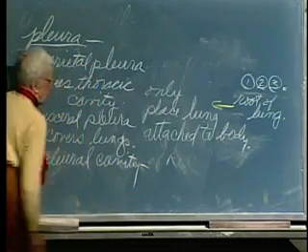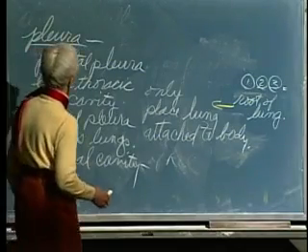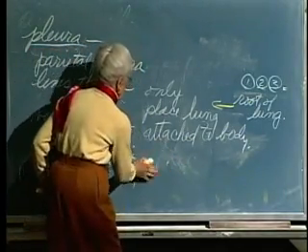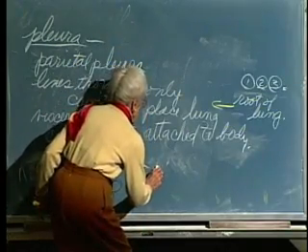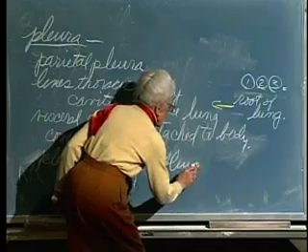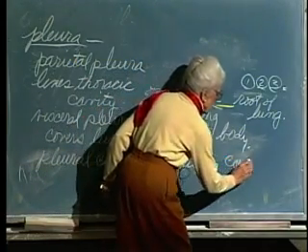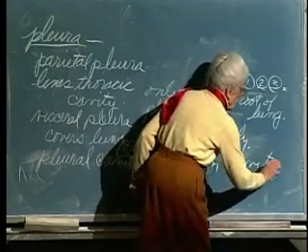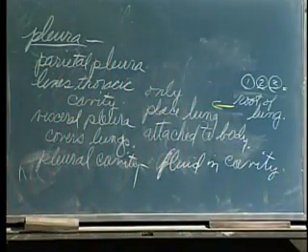And there will be fluid secreted by the pleura between these two layers of pleura. So there's fluid in cavity. Why do we need fluid there? Yes, reduce friction, right.